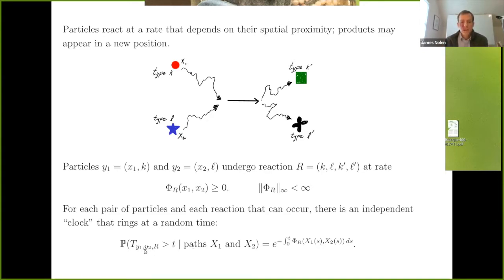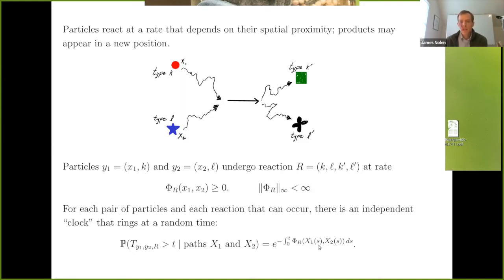So for these two particles, y1 and y2, which are inputs to this type of reaction, given the path of those particles, the distribution of the time at which the reaction occurs is exponential with this rate that is a function of the path.